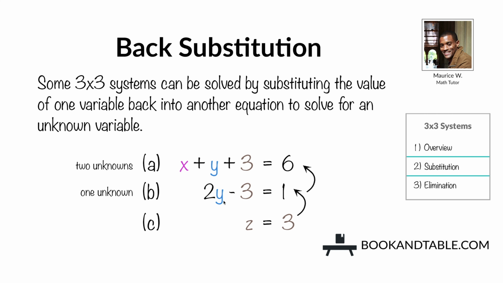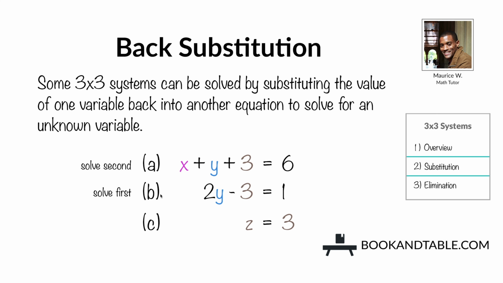So because equation B only has one unknown, we are going to solve equation B first. This will allow us to solve for y, and we already have z. And then we can substitute both of these variables into equation A to solve for x.